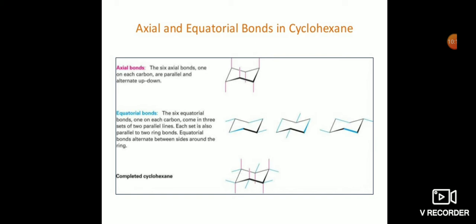The 6 axial bonds, one on each carbon, are parallel and alternate up down, right? So this way you can see here the axial bond position. It is shown by pink color. So number 1 is in upward direction, number 2 is in downward direction, and all are parallel to this axis of this structure.